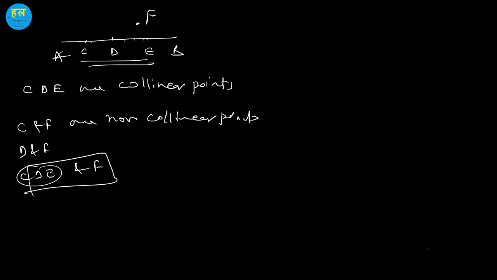Okay. Next, we'll recall angles. What is angle? When two rays start from a point in different directions, then the distance between the two rays is measured in degrees, and this is called angle.